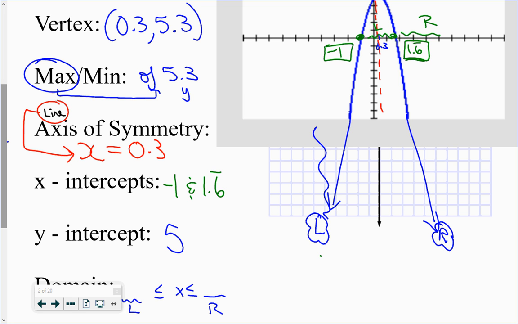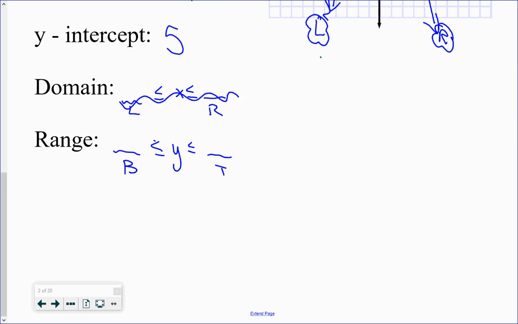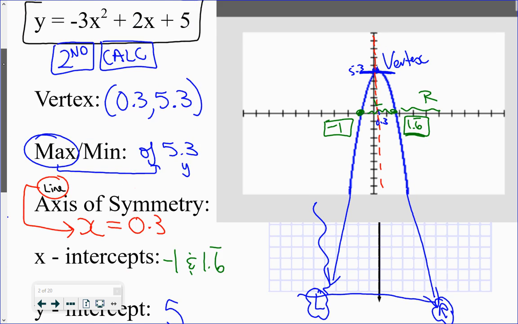So when there is no number that I can plug in for the left side and the right side, we write x is real. Now, we can also see that this graph goes down forever. So this graph will not have a bottom, but it does have a top. Remember that maximum value?